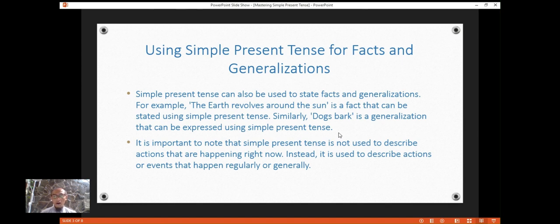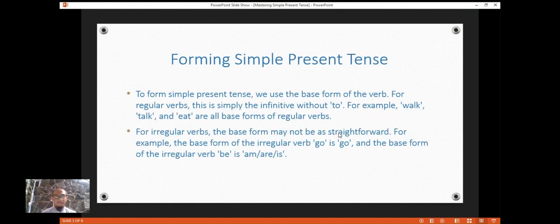Similarly, "Dogs bark" is a generalization that can be expressed using simple present tense. It is important to note that simple present tense is not used to describe actions that are happening right now. Instead, it is used to describe actions or events that happen regularly or generally.